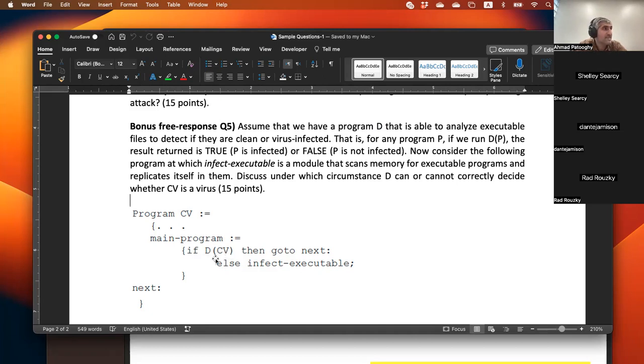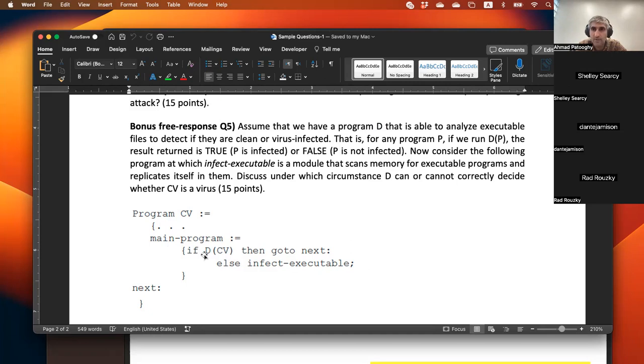This is exactly what happens here. The program CV is calling D. D is a security program like an antivirus, and in most cases antiviruses cannot be called by user programs. If a user program calls the antivirus, the antivirus gives an alarm to the operating system and says, hey, someone, not you, someone else is calling me.